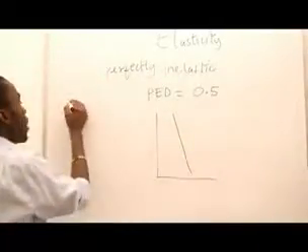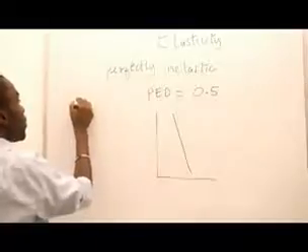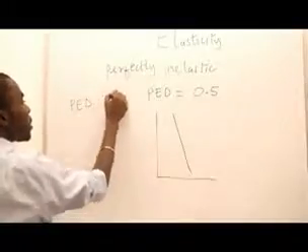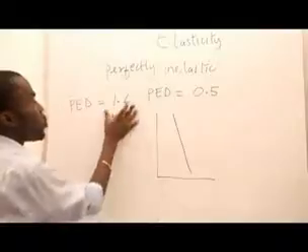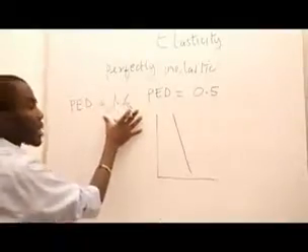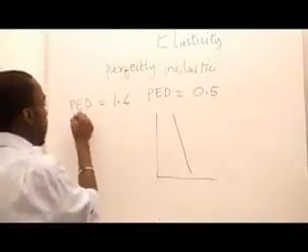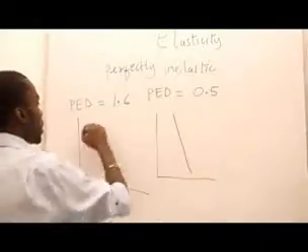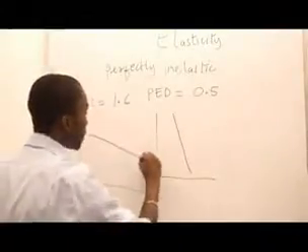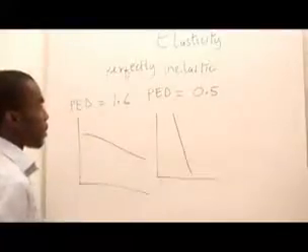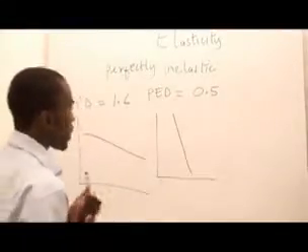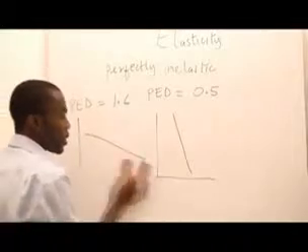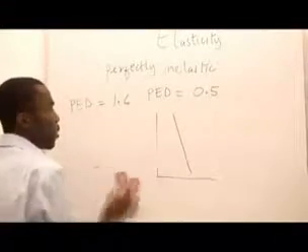But if you calculate and you have a value for your elasticity which is 1.6, then you know you are dealing with an elastic demand curve, so that your demand curve will be different from this case. So you have a very flat demand curve. Okay. So that is it for price elasticity of demand.